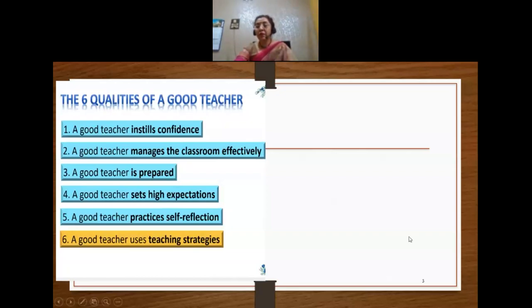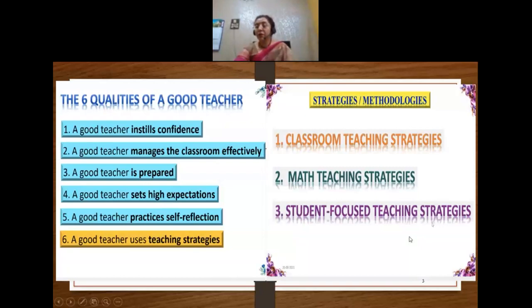Now, beyond everything, we are the mathematics teachers. First, classroom technology is one teaching strategy. Then its subpart comes, mass teaching strategy, then student-focused teaching strategy. We'll go through it one by one.